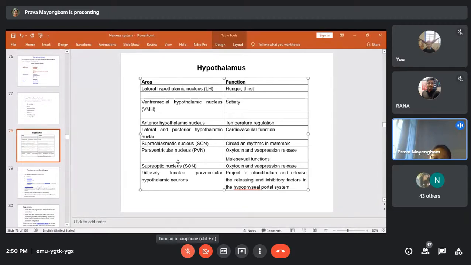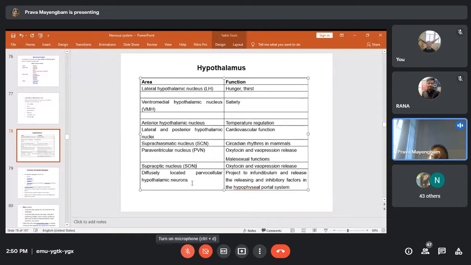SON also will have two types of nerves. One will secrete oxytocin, another will secrete vasopressin. So the paraventricular nucleus is associated with oxytocin and vasopressin. The supraoptic nucleus is also associated with oxytocin and vasopressin. Their locations are different, but their functions are almost the same.